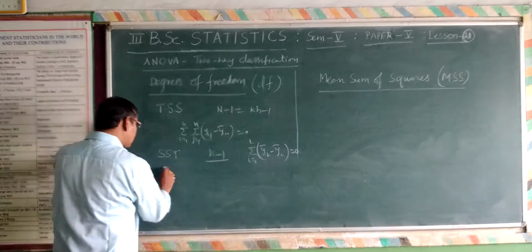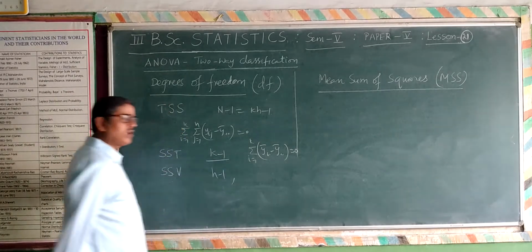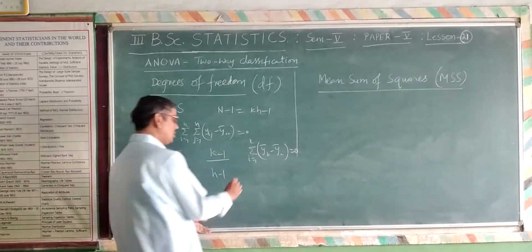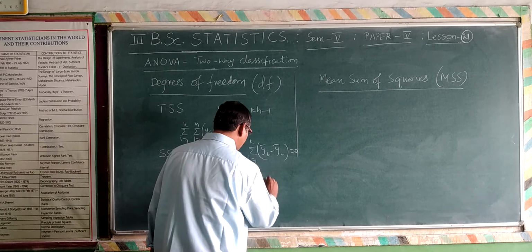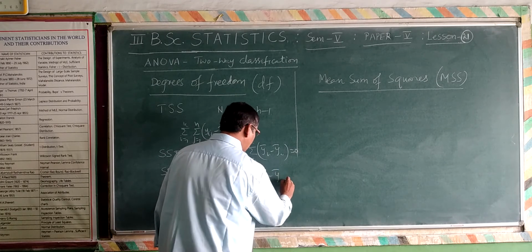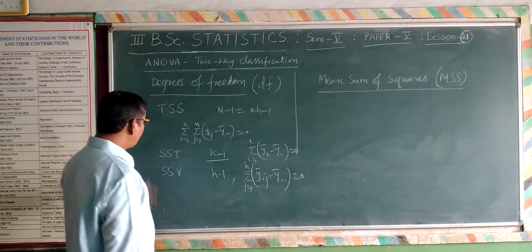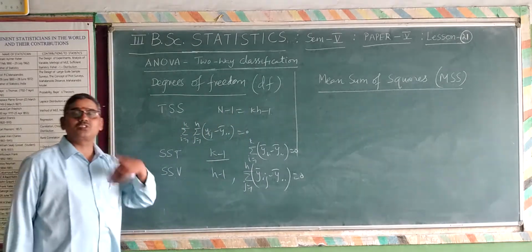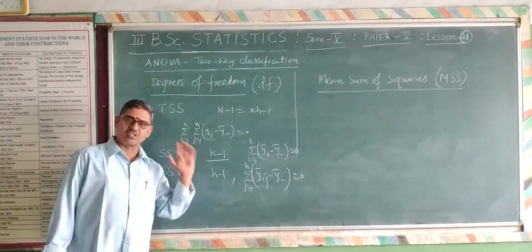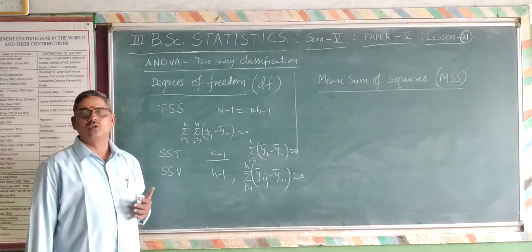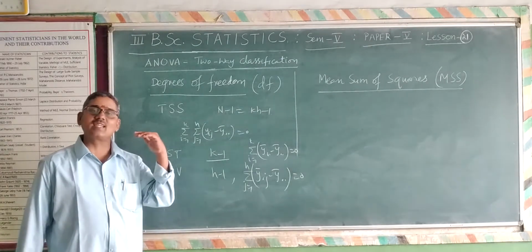For the sum of squares due to the varieties, the degrees of freedom is h minus 1, since one linear constraint is also 0 here: summation j is equal to 1 to h, y bar dot j minus y bar dot is equal to 0. Based on this, by using the assumption that all the effects are additive in nature, it is true for degrees of freedom also. Therefore, now I calculate the degrees of freedom for SSE.